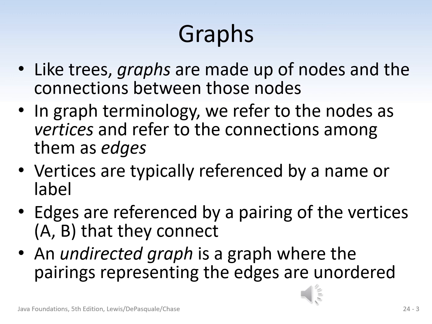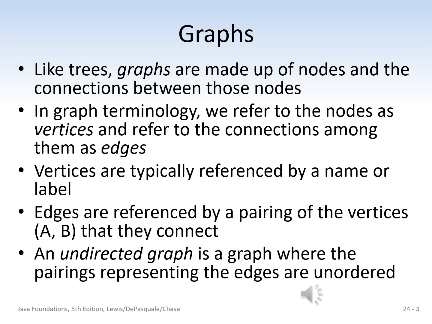The structure is a little different, but we're still going to use nodes. In graph terminology, the nodes are referred to as vertices, and the connections among the vertices are referred to as edges.